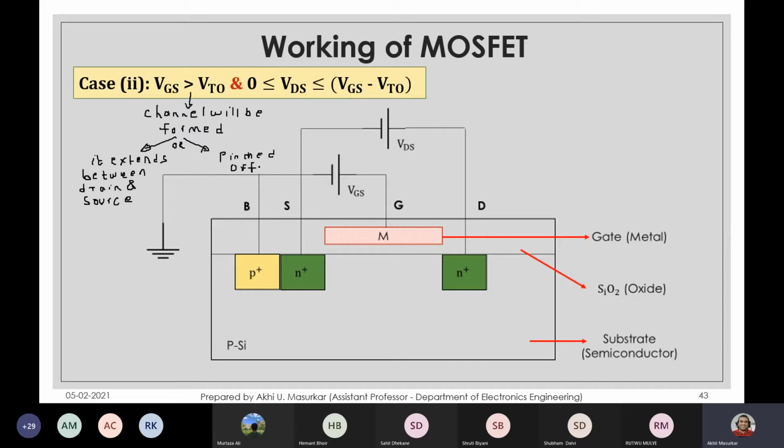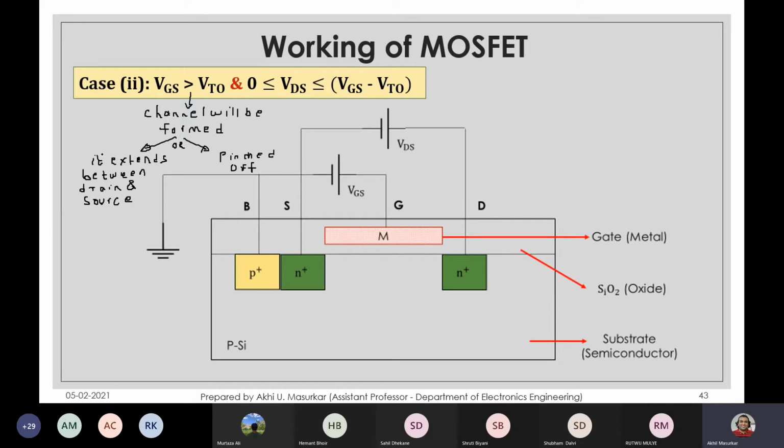So we don't know what is the condition. We know that when VGS is greater than VTO, channel will be there, but whether it will be touching both drain and source or whether it will be pinching off from the drain side, that we do not know.